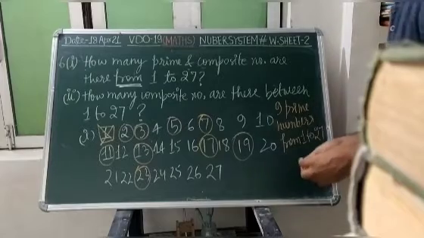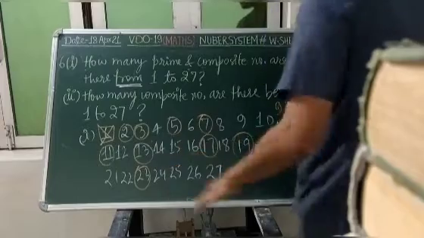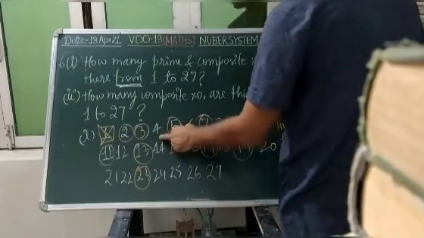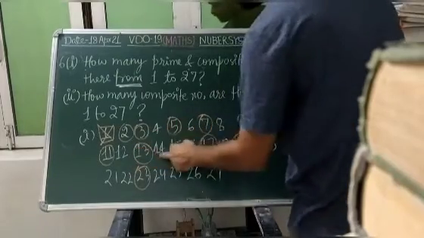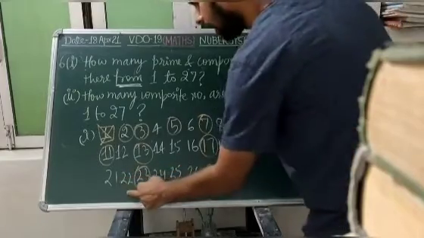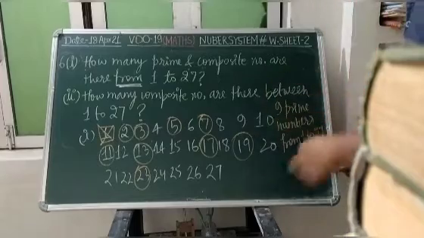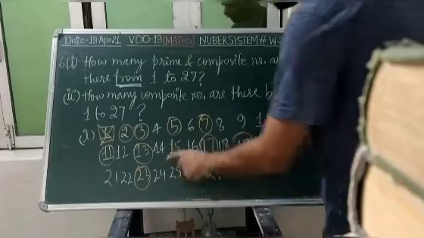And while we are selecting the composite numbers, we will start from 4, since the smallest composite number is 4. 4, 5, 6, 7, 8, 9, 10, 11, 12, 13, 14, 15. Once again I think I should check.